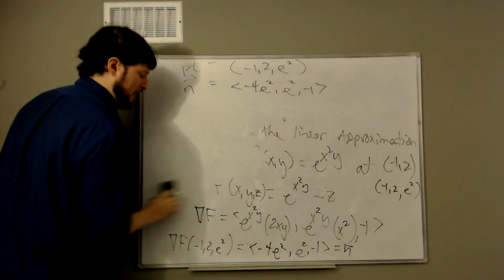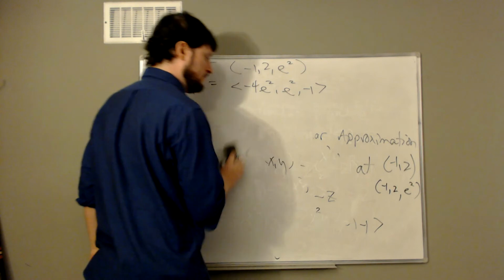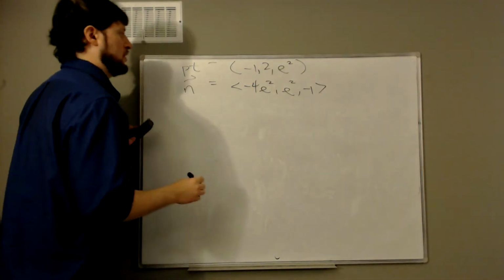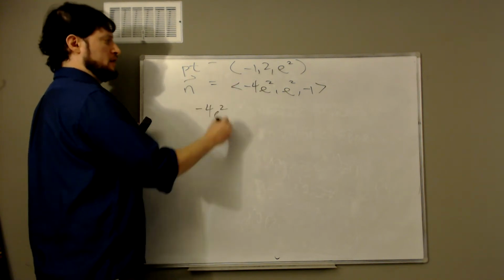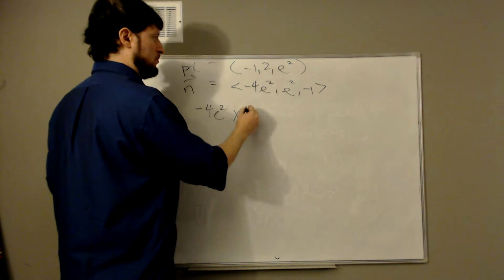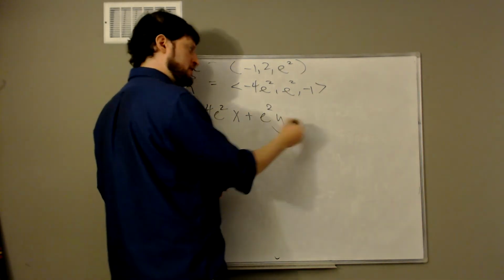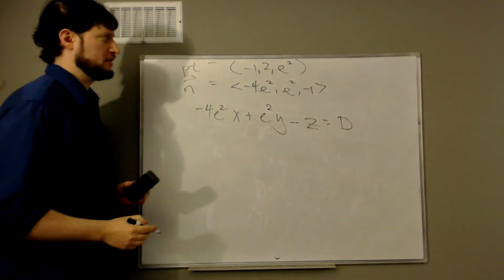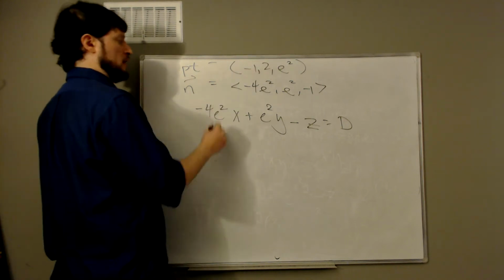And we just find the equation of that plane. We find -4e²x plus e²y, that's just a constant, minus z, and that's got to equal some constant d, which we figure out by plugging the point in for x, y, z.